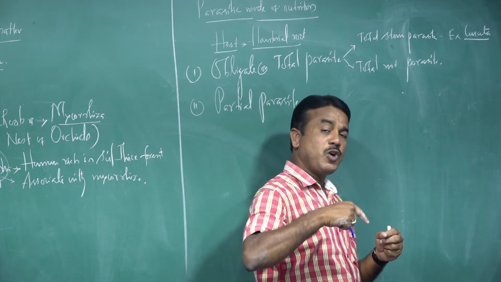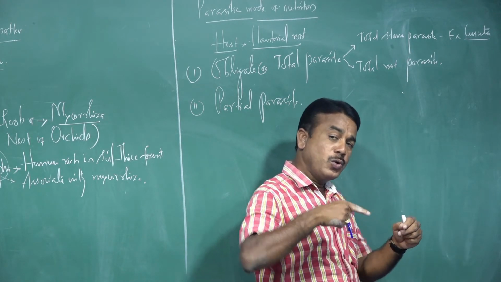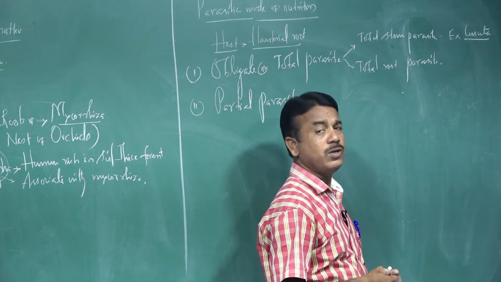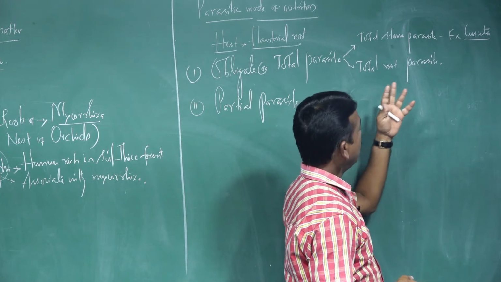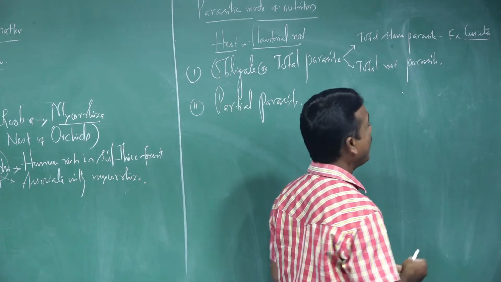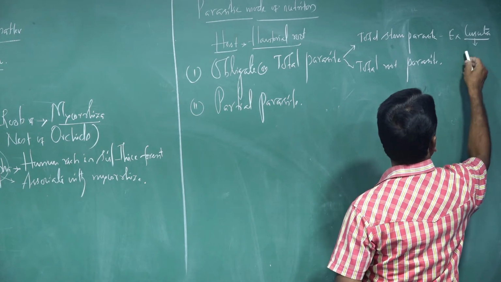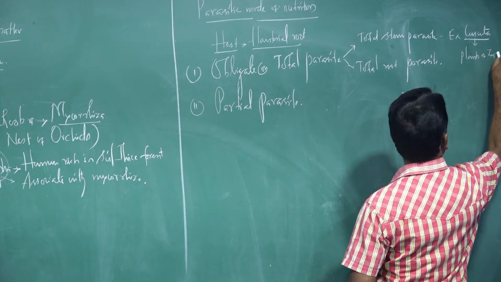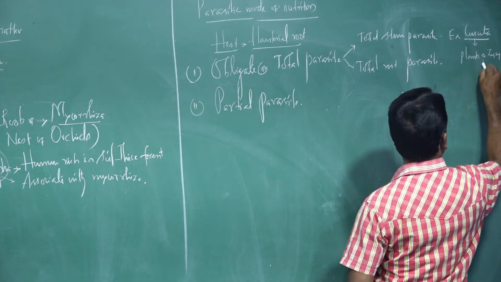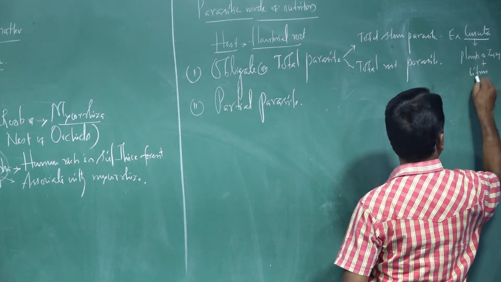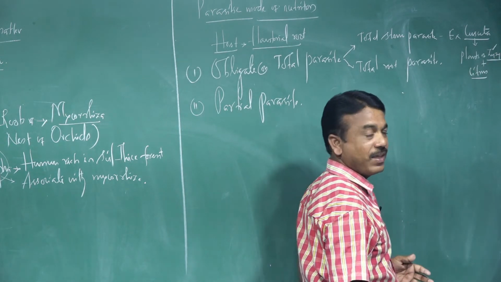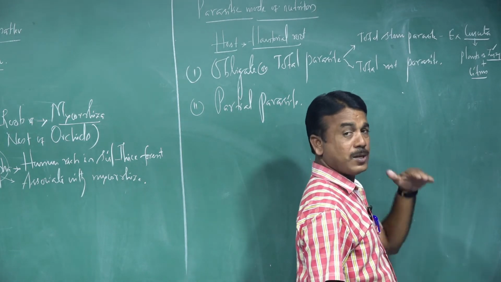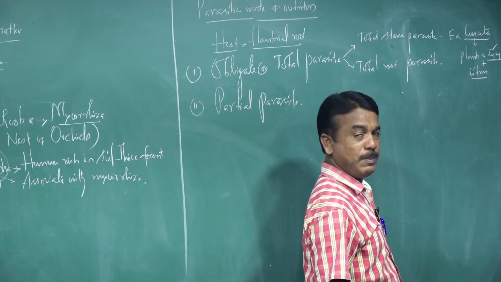After that, it produces haustorial roots. The roots penetrate the host, and from that it obtains water and minerals as well as food. Cuscuta commonly occurs on plants of Zizyphus and citrus. In Tamil, Zizyphus is elandai, and citrus is lemon. When these kinds of plants are affected, Cuscuta may appear.